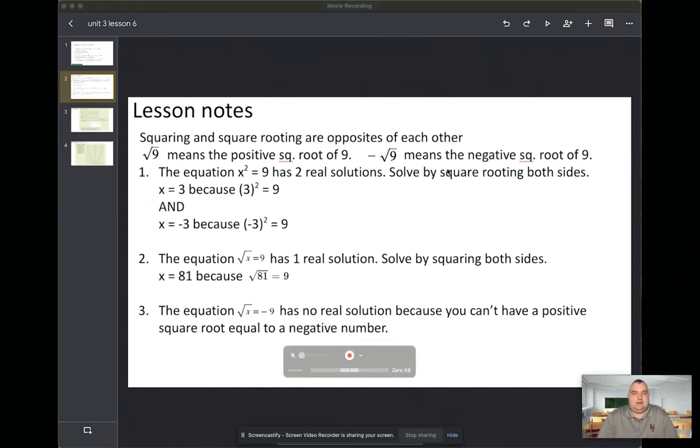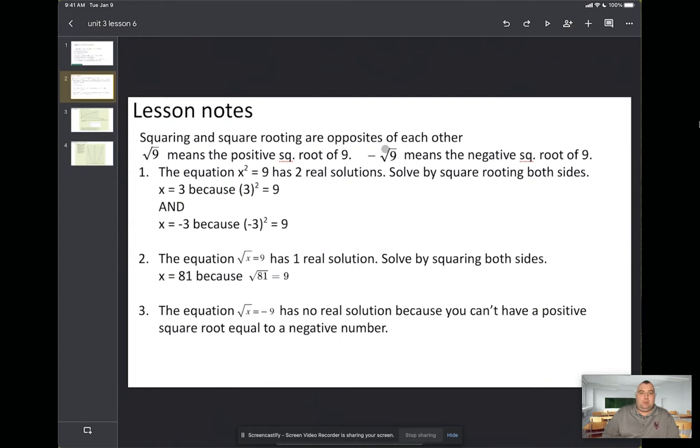Now, one of the things I want to make clear is that whenever you see a square root in this class, it's either a positive square root or a negative square root. So, for example, if you see the square root of 9, what that really means is the positive square root of 9. If they wanted the negative square root of 9, you would see a negative in front of the square root.